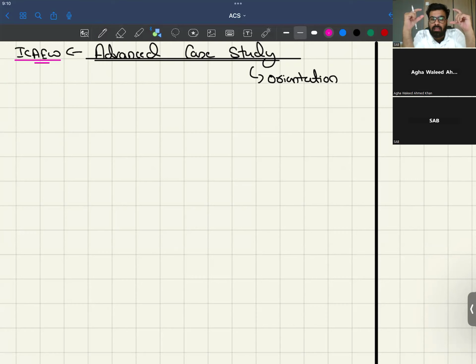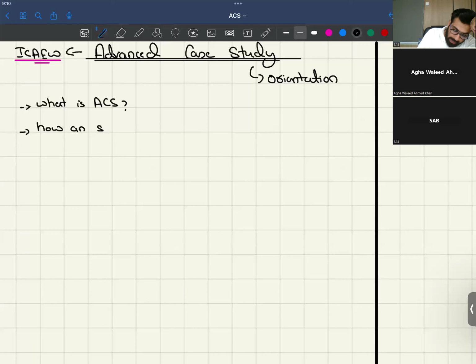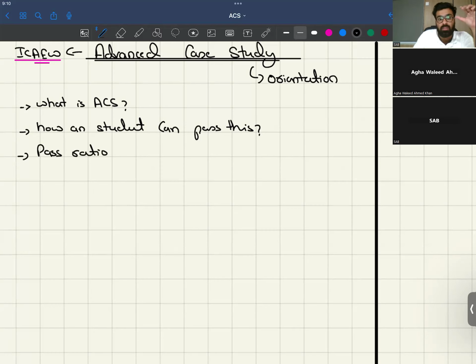The objective of today's class is to discuss what this ACS is, how a student can pass it, and what the pass ratio is. These are all the objectives of today's class, and from the next class we're going to start our syllabus.